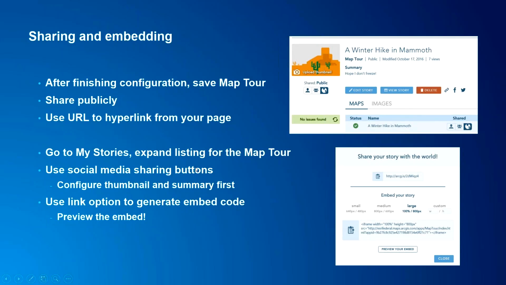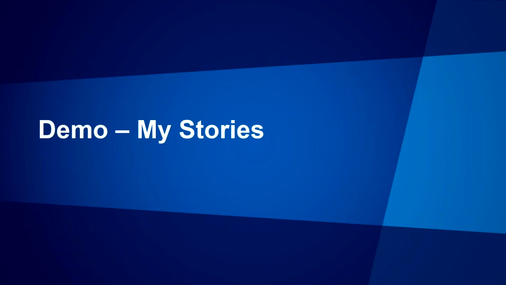So some of the options are using social media sharing. Best practice is to configure the thumbnail and summary before you do that. You can also generate an embed code and we can also preview what that embed is going to look like. So now I just like to demo that real quick.